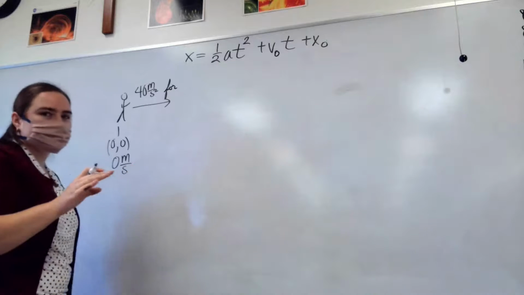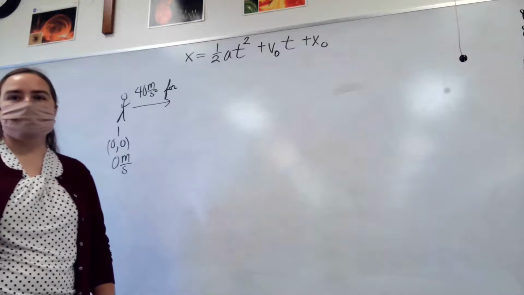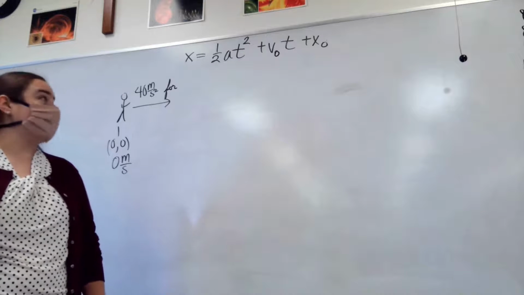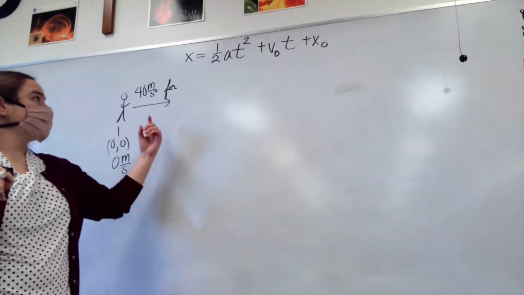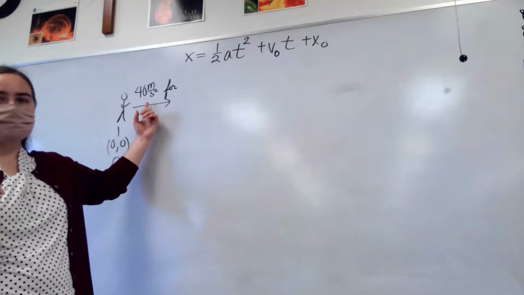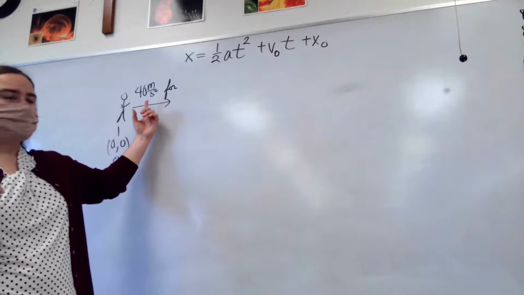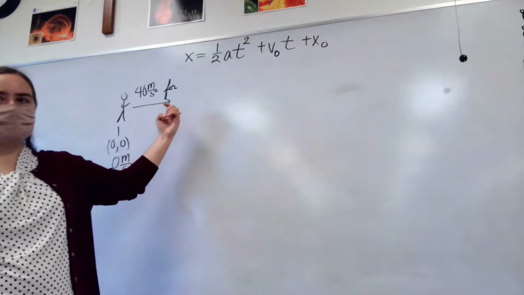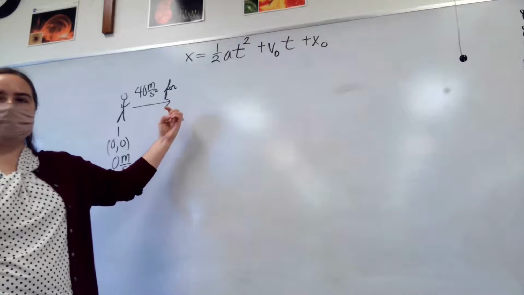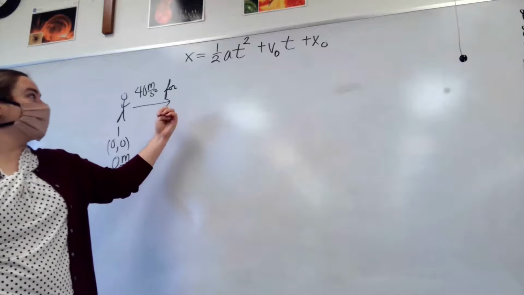It's pretty cool. Just to put this in perspective, a really quick conversion from miles per hour to meters per second is take this and multiply it by 2. So this person has an acceleration of 80 miles per hour per hour. For how long?